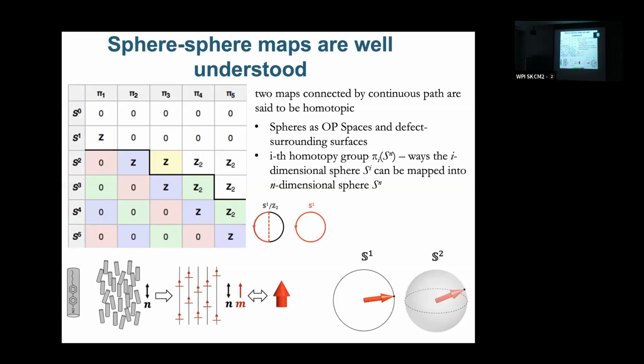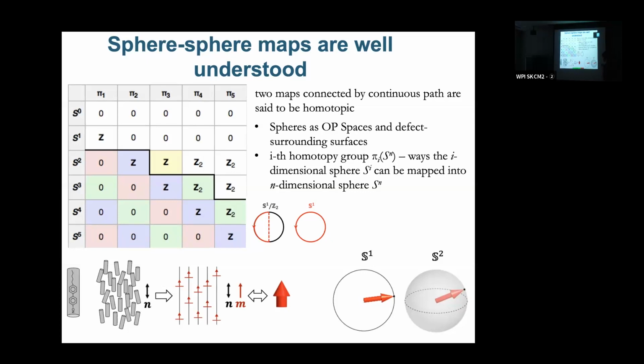This is how we can represent our physical systems, right? With the help of order parameter spaces, and you can probably think about many other different types of order parameter fields, some of which we'll discuss during this tutorial, but you can also identify the order parameter spaces that would somehow uniquely describe them.